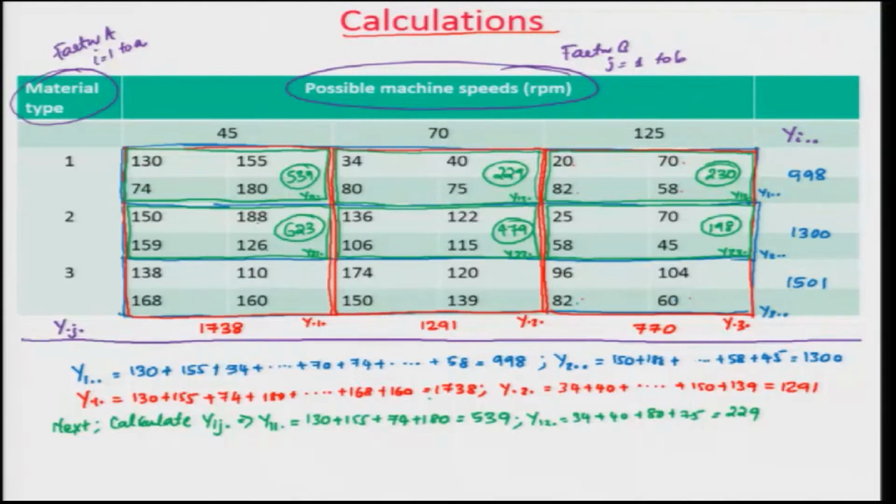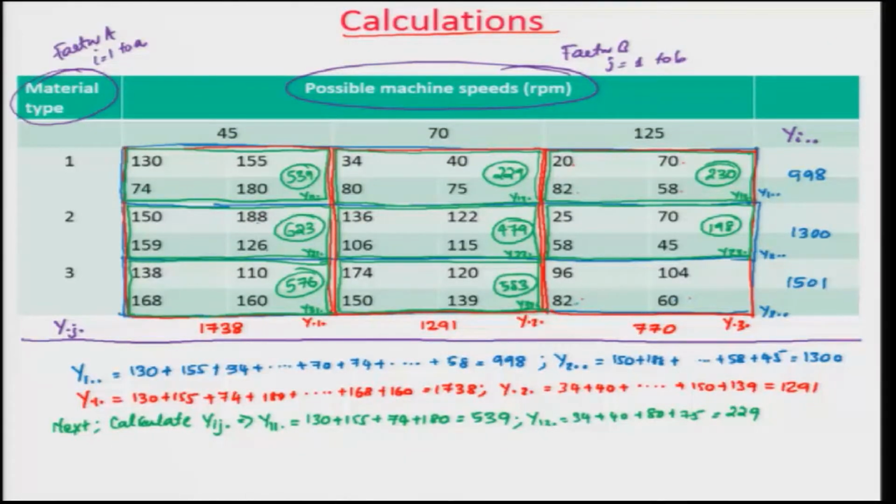Then the last row: the third row, first cell, y 3 1 dot. This gives you the sum of these four values as 576. Then comes this cell, y 3 2 dot, which is the sum of all these, 583.